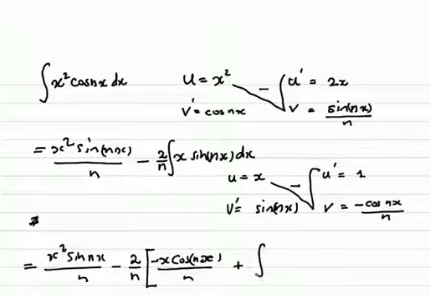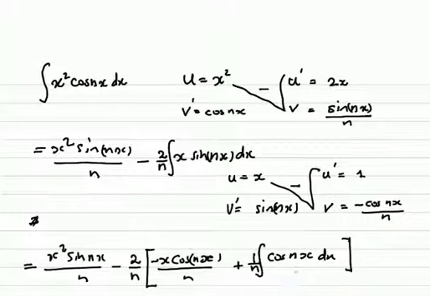Then you've got the integral of cosine nx dx, and you can have a 1 over n outside the integral sign, then you stop there. So you see now after differentiating x squared twice, we're at 1, so the next derivative will be 0, but at least now we've got a single function to integrate.